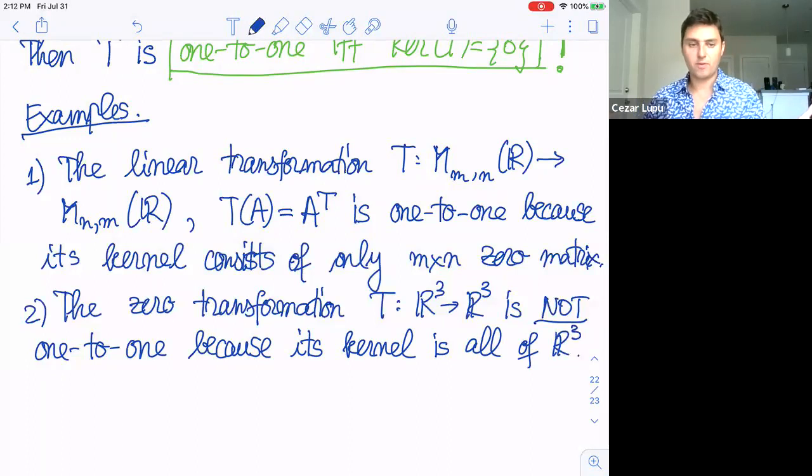So it's the zero transformation. Basically, it's just zero, so you can put anything there.